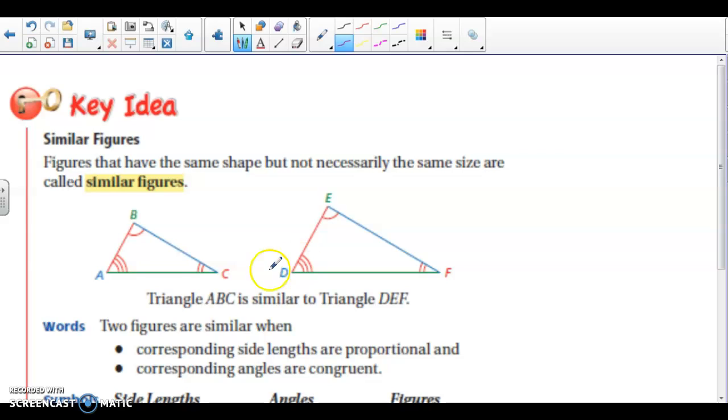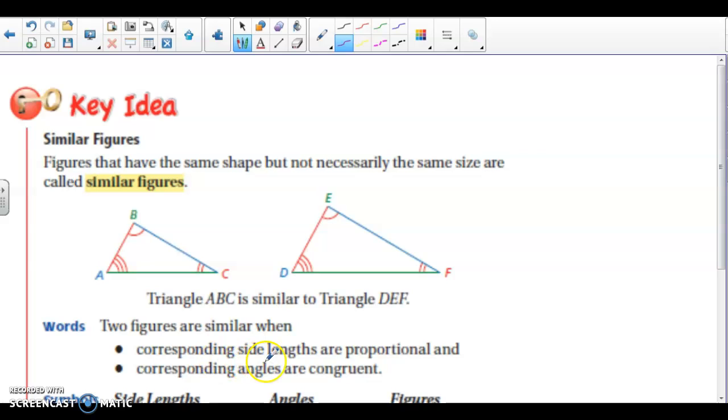For these two triangles, they are similar because if you notice, this angle is the same as this angle. B is congruent to E, and C is congruent to F. So these two triangles are similar but not congruent. The reason they're not congruent is that their side lengths aren't exactly the same, but their corresponding side lengths are proportional.